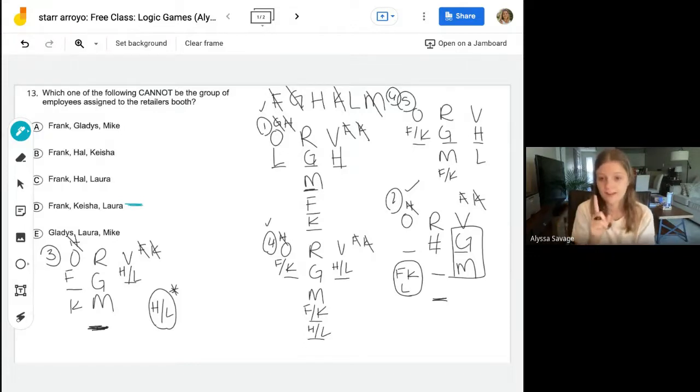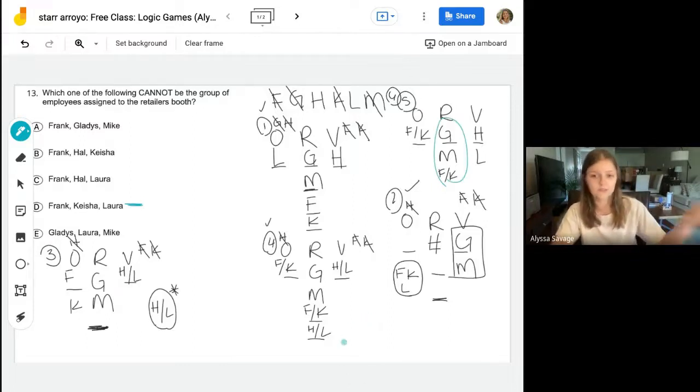And if I can find it in at least one of my diagrams, I can't get to that 100%. So A, F, G, and M, I could make that happen here. Regardless of if I can make it anywhere else, I just have to prove one time that it happens. I can eliminate it.